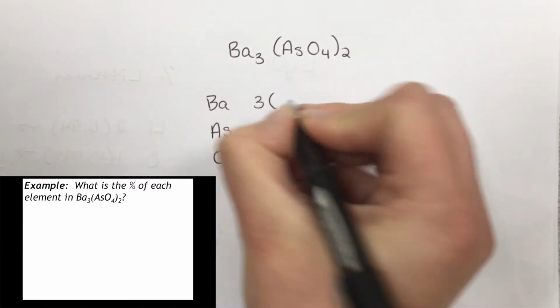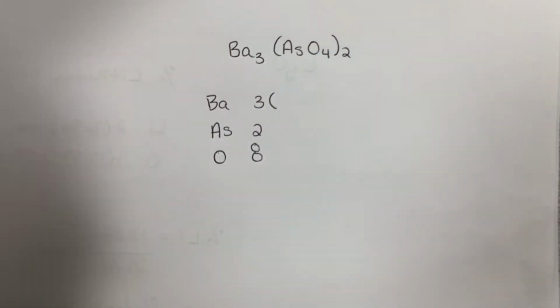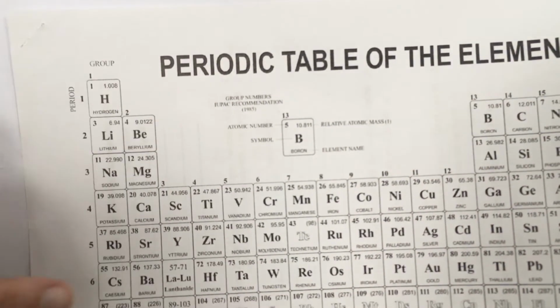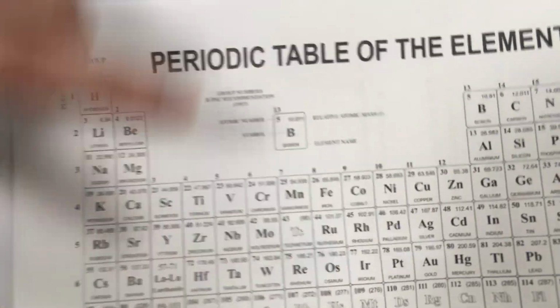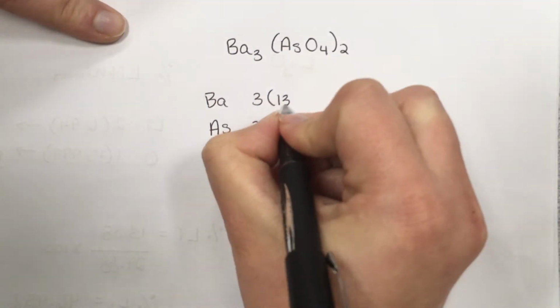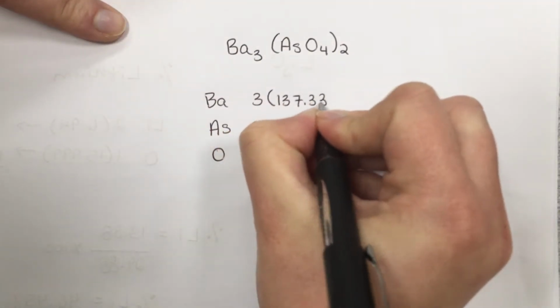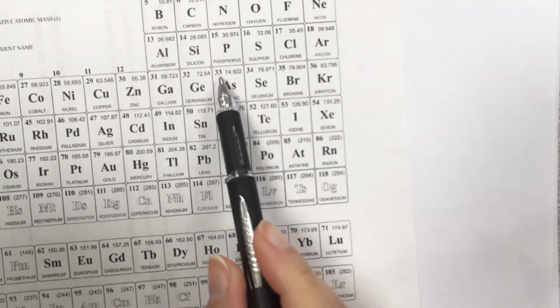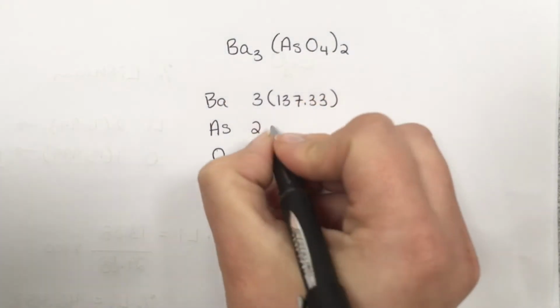Okay, so now I just find out how much each of them weigh, and then multiply, and then add, and then divide, and then multiply, and we're done. So barium, 137.33. Okay, arsenic, 74.922.